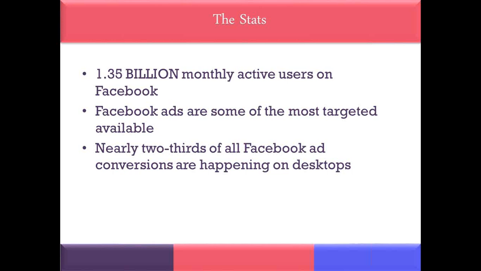You're just buying those keywords. You can't say, well, I want to show it to only women who are in this age bracket. I only want to show my search result to those people. But Facebook is pretty amazing. It can do that.